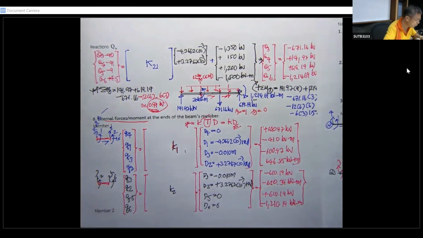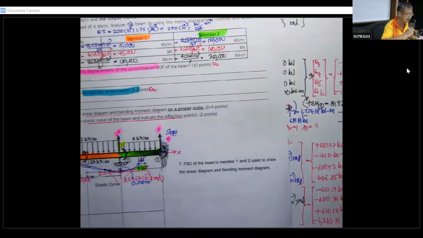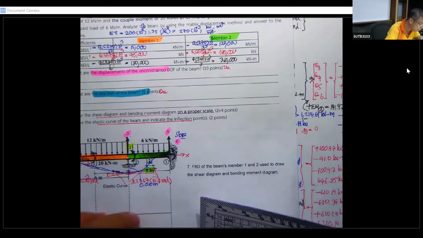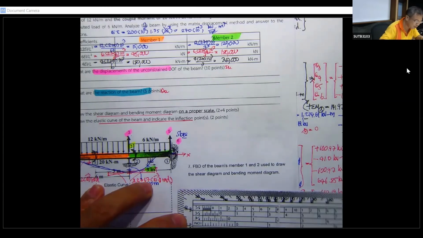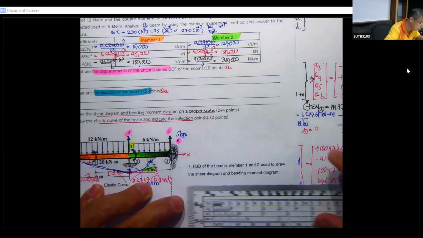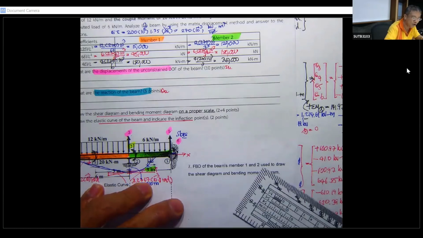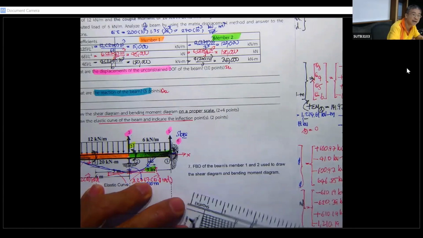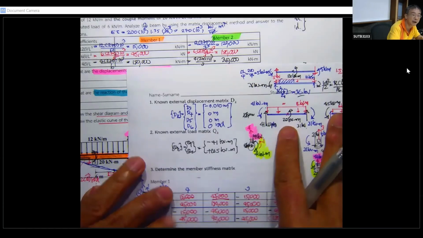Let me put everything over here to make it more complete in order for us to do the shear diagram and moment diagram. First of all, you must understand the fixed end shear and fixed end moment that we have over here. Just copy this one into this.